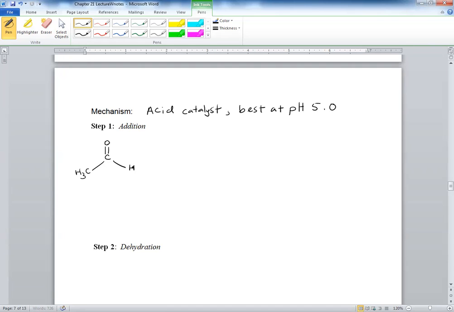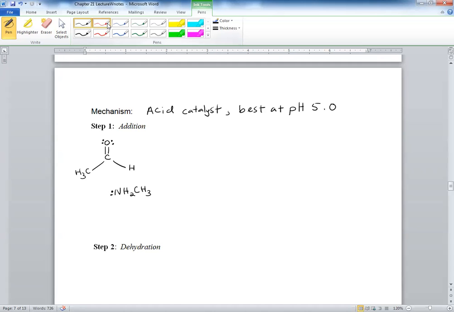And again, this applies whether you have a ketone or whatever is attached here. So we have our carbonyl, the aldehyde, and then we have our primary amine, methylamine. So you need to remember that nitrogen has a lone pair on it.